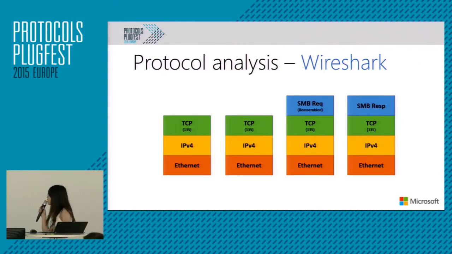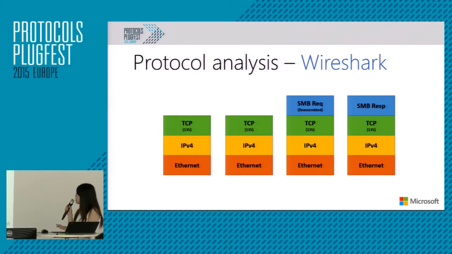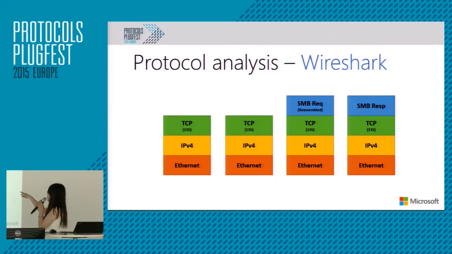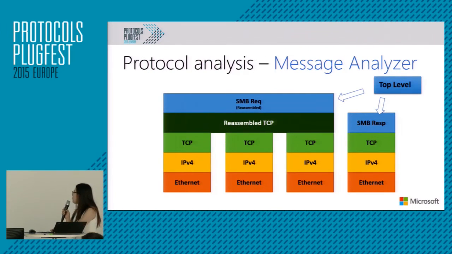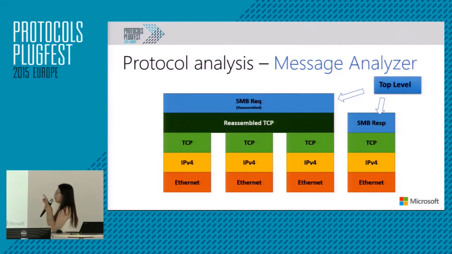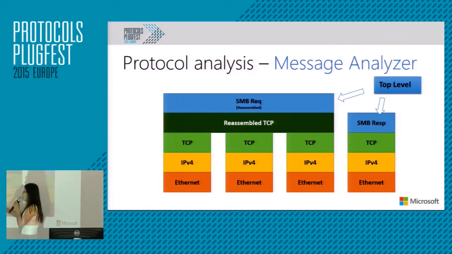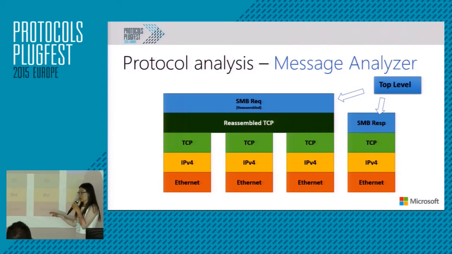But for Wireshark, it does a little bit of reassembly, and it will put the upper layer on the last fragment of the TCP frames. And here is how Message Analyzer is doing that. We put a virtual reassembled TCP layer on top of the individual TCP fragments.